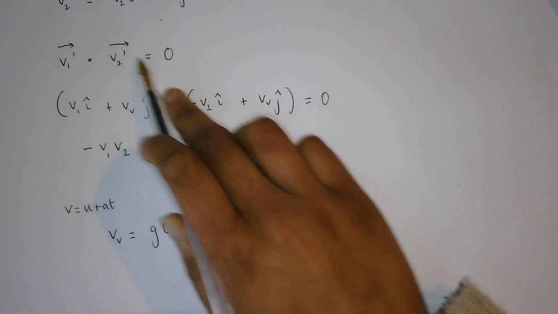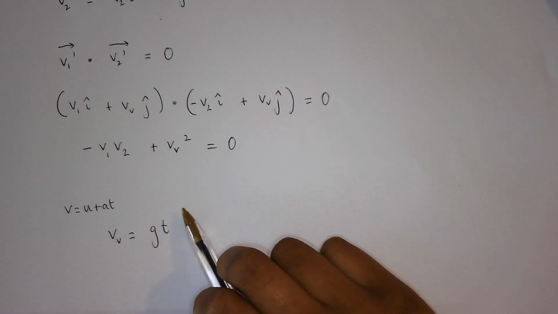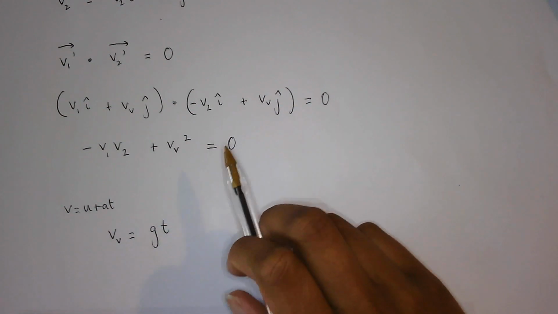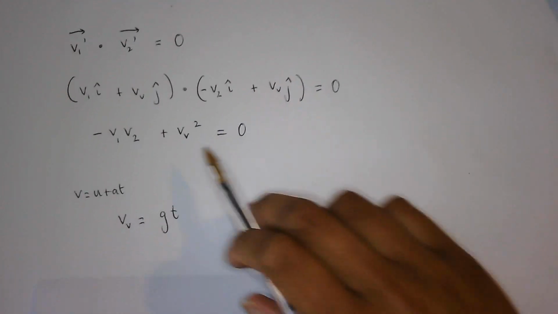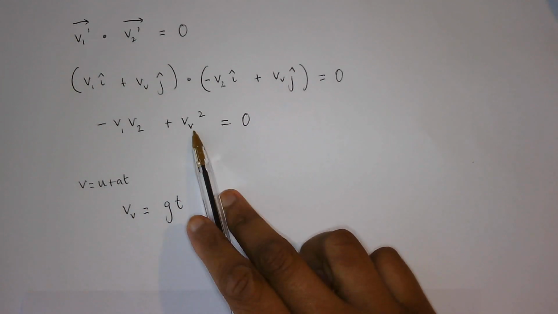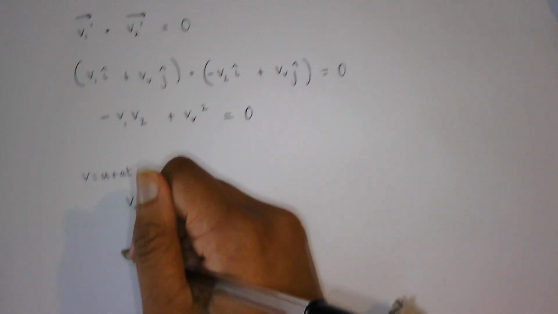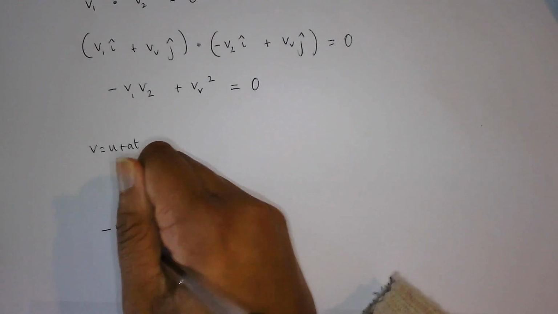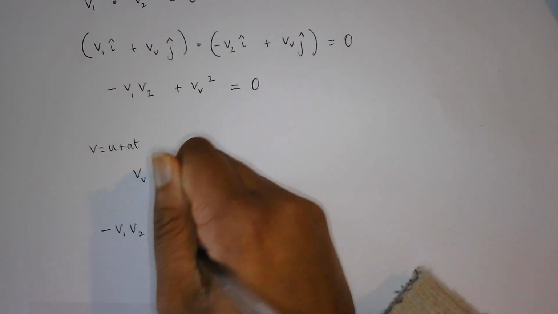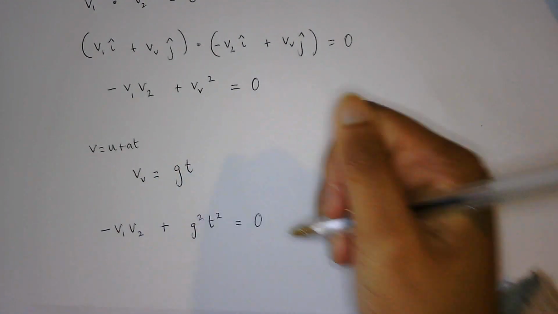The whole point of doing this is to work out what t is, the time taken. If we substitute this value of vv into our equation here, we get minus v1 v2 plus g squared t squared equals 0.